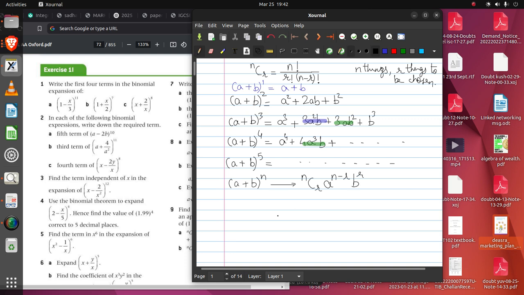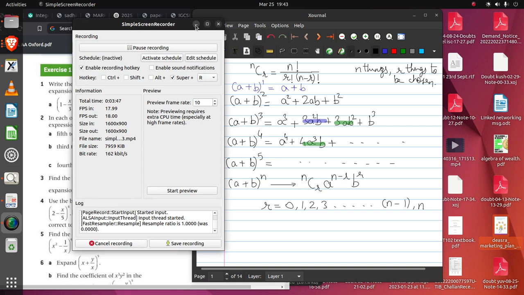Now what is the meaning of this r? r is the number which starts with 0 and keeps increasing by 1 until it reaches n. Which means if I have a binomial of power n, then the number of terms in the expansion is going to be n plus 1.